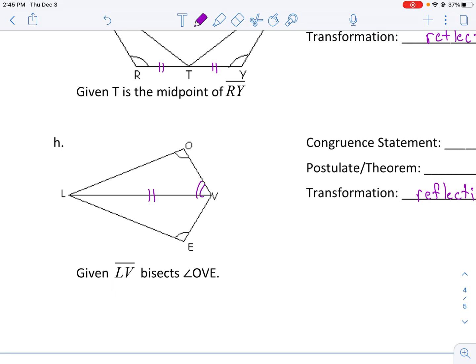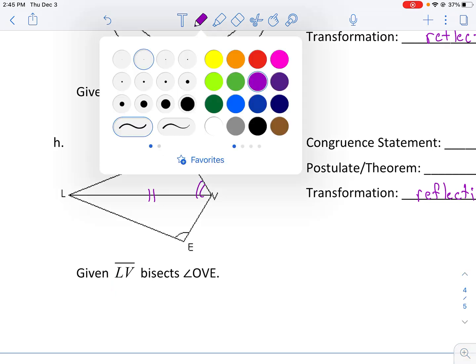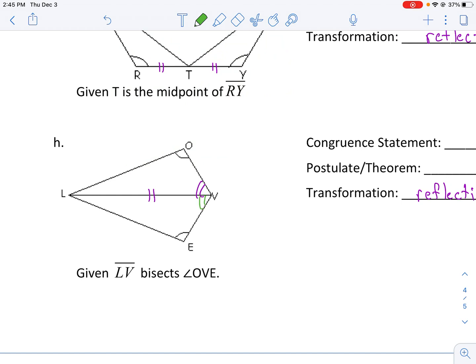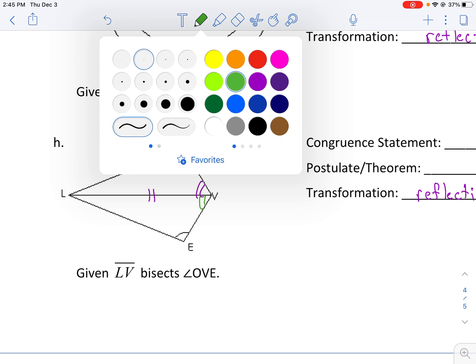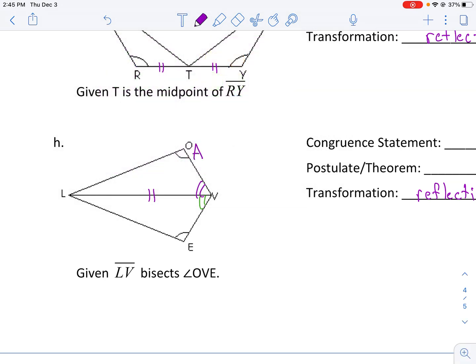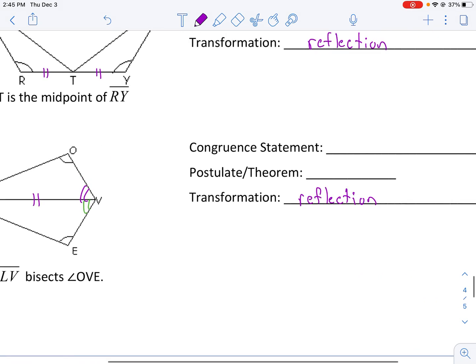So that means this angle is congruent to this angle. So now what we have is angle, angle, side. And then we have angle, angle, side again. Okay? And both triangles, so those parts are congruent. So we know it's angle, angle, side.